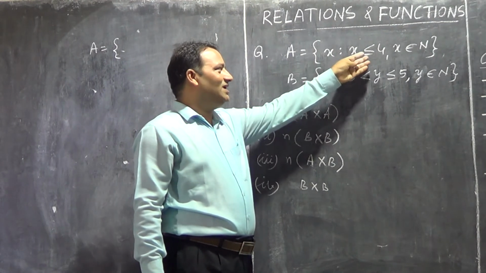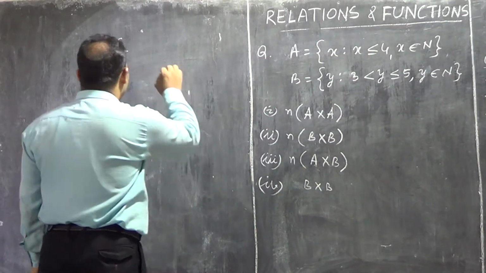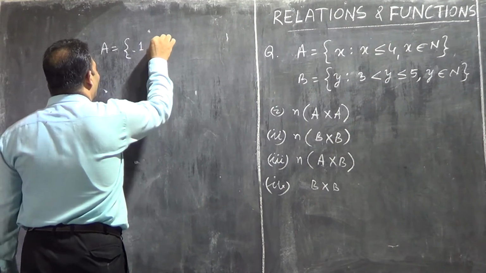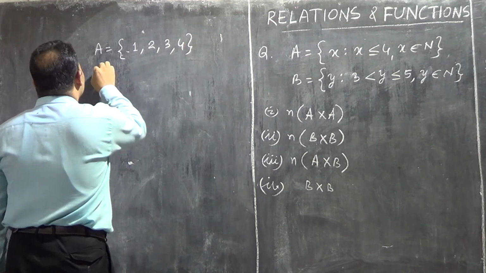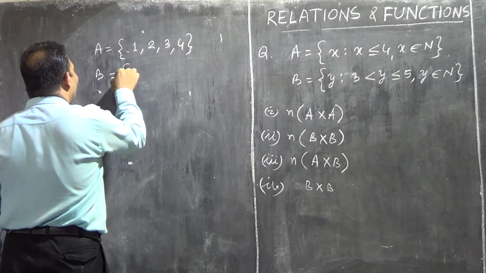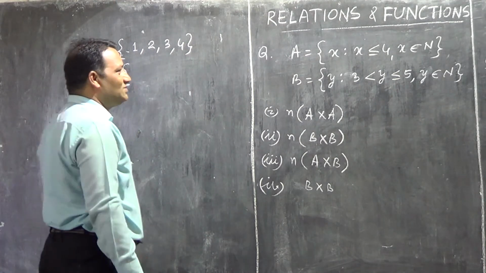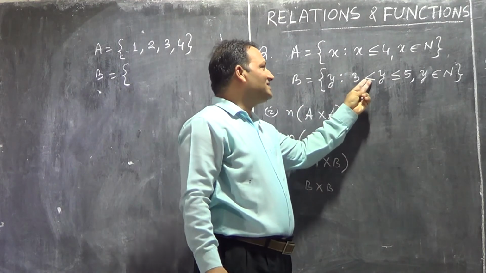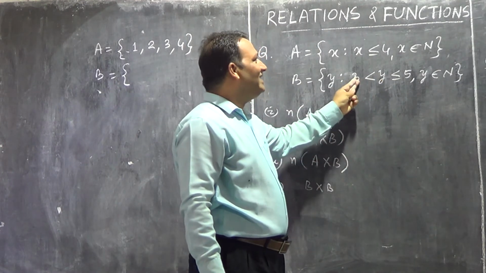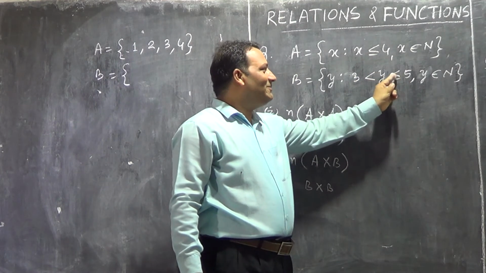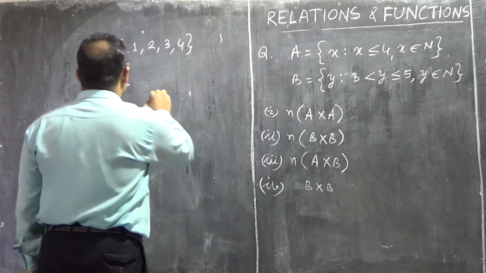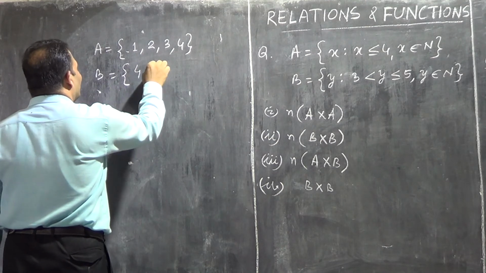X is a natural number less than or equal to 4, so there will be 4 elements: 1, 2, 3, 4. And B will have elements, you see here 3 is less than y, means 3 is excluded, so 4, and 5 is included because less than or equal to, so we got here 4 and 5.